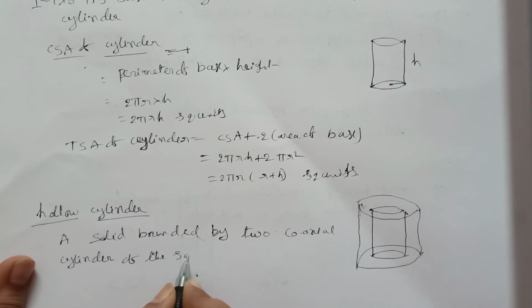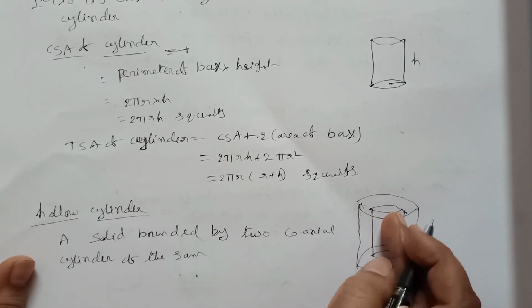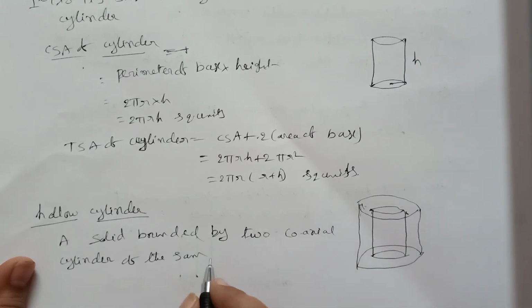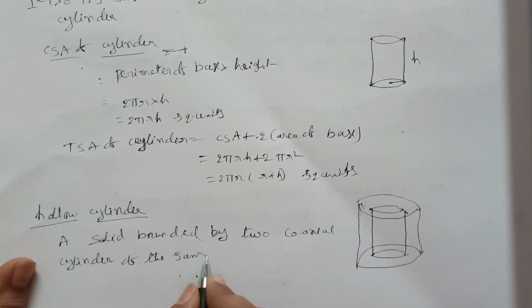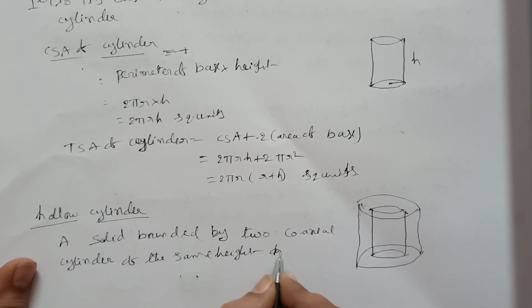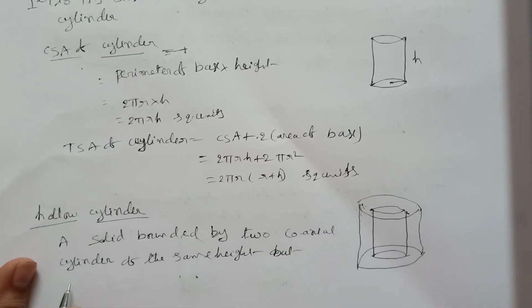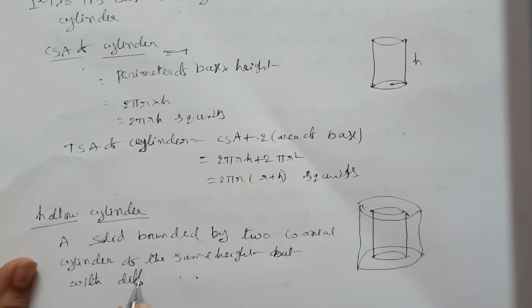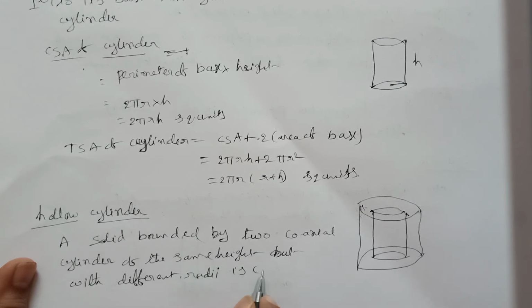For these two cylinders the axis is the same and the height is the same, but the radii are different. That is called a hollow cylinder.